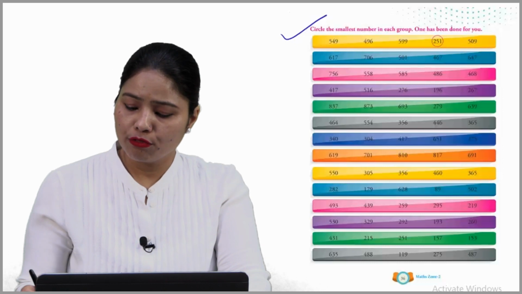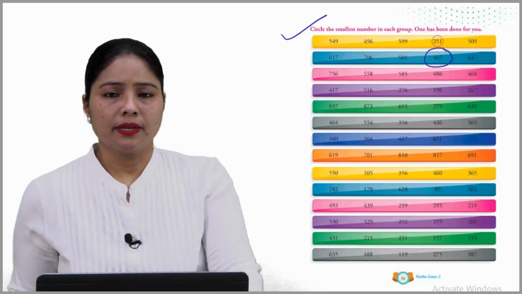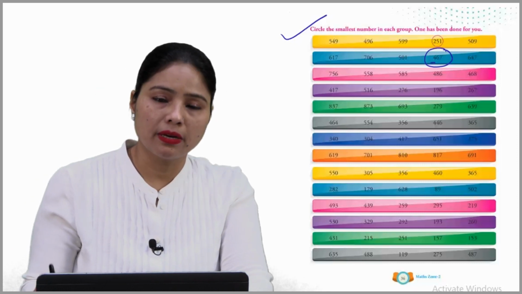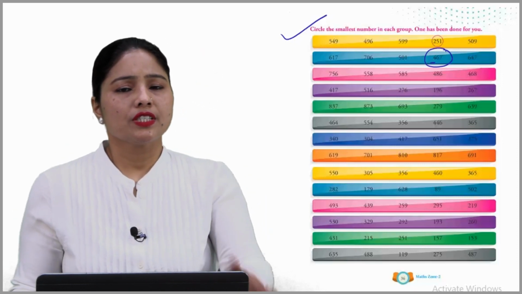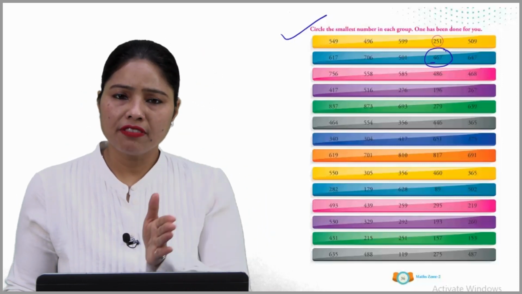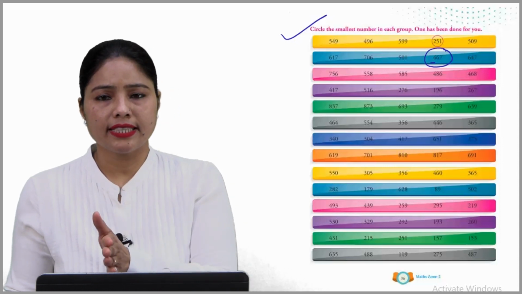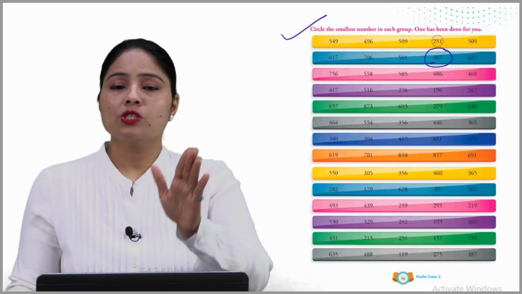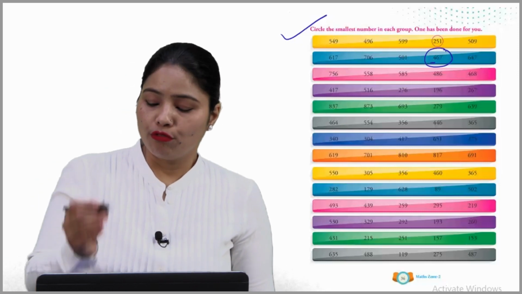We know that 467 is our smallest number. Why? Because its hundreds place has the smallest digit, 4. Similarly, next one: 756, 558, 585, 486, 468. You have to start with the hundreds place. So we can see that 4 and 4.